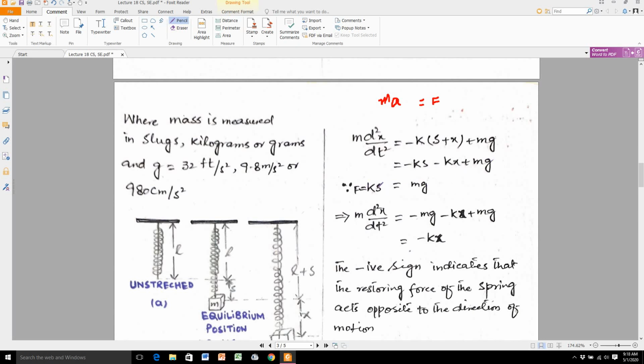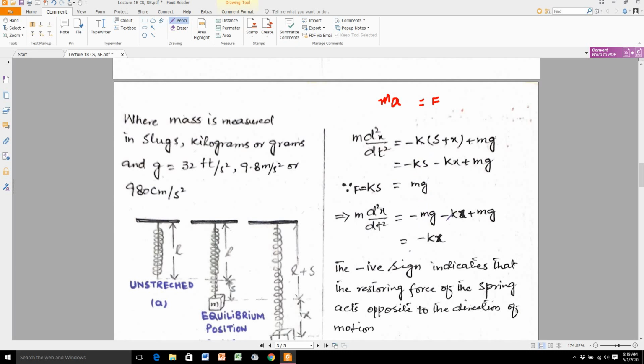Here, as you saw earlier, the force ks is equal to the weight, so ks is equal to mg. In place of ks, I am writing mg.